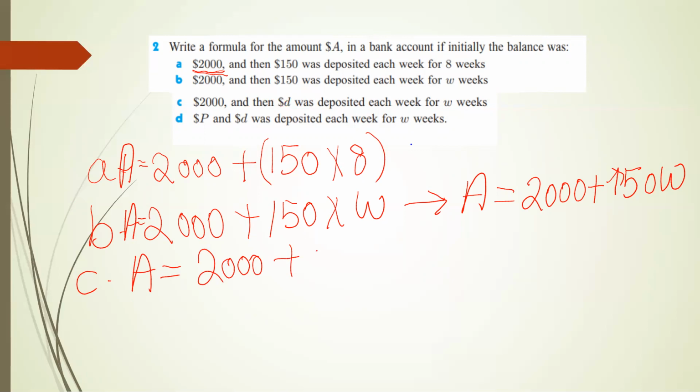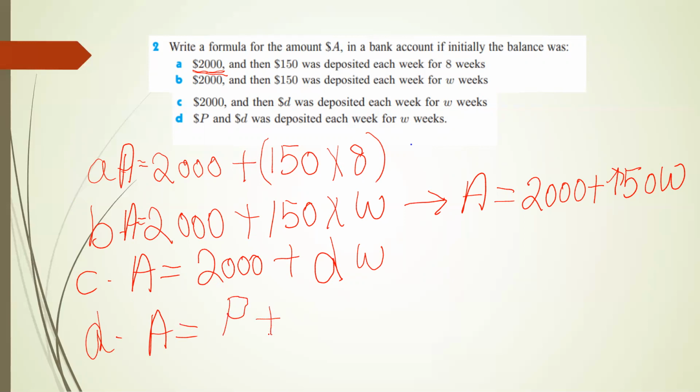As for C, we're still working with the initial amount of 2,000 plus, let's see here, he did not specify a value for the deposit. So it's D. The amount of the deposit is not specified here. It's D for a number of weeks, which is W. So it's 2,000 plus D times W. As for the last one, the total amount will be, he did not specify the initial balance, but he said that it is P dollars.